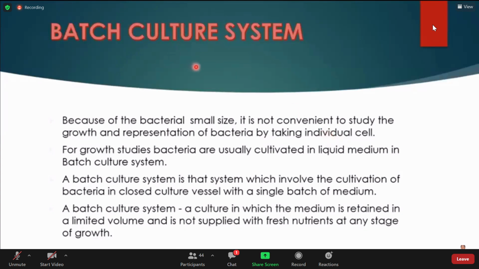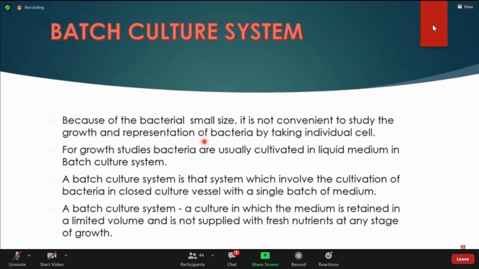A batch culture system is a system or culture in which the medium is retained in a limited volume and is not supplied with fresh nutrients at any stage of growth. We take a batch culture because of the small size of bacteria; we cannot study their growth by taking a single bacterial cell.